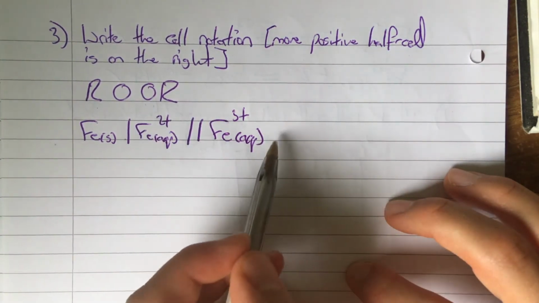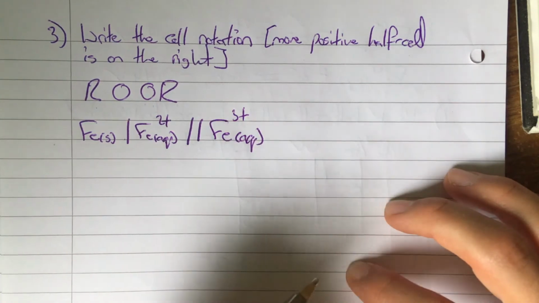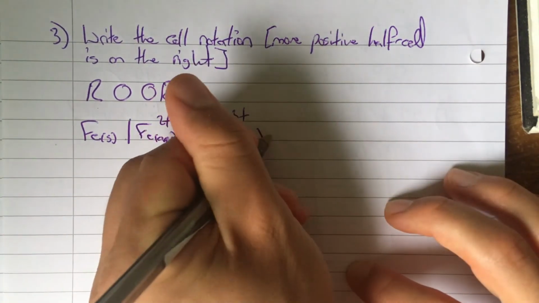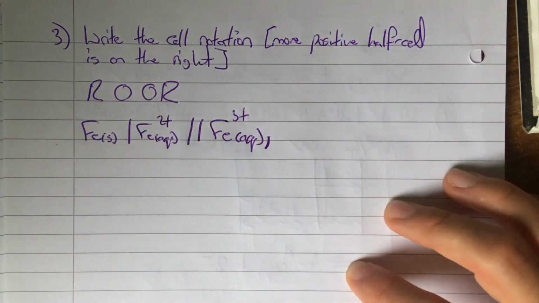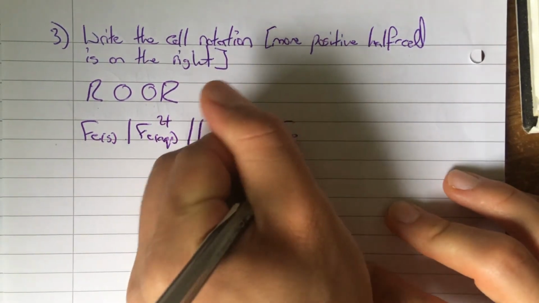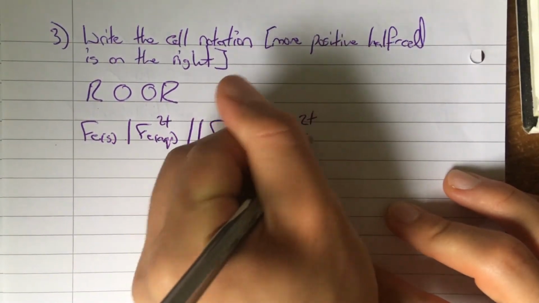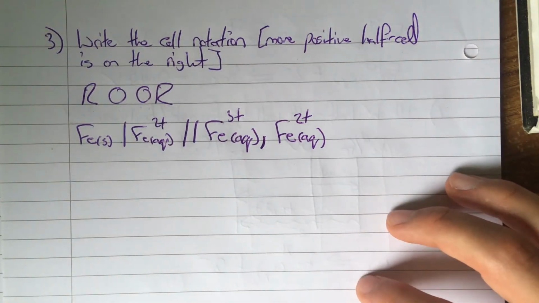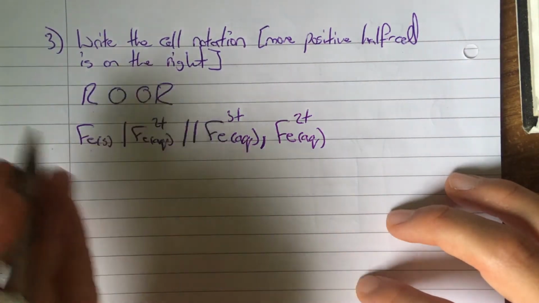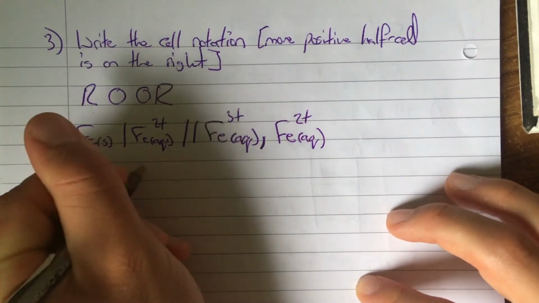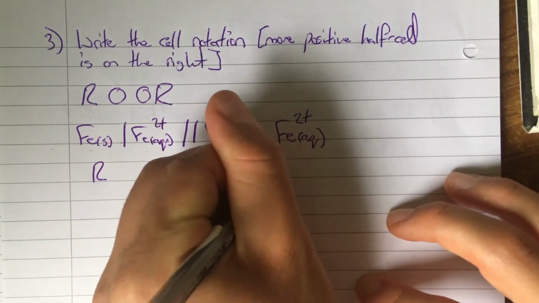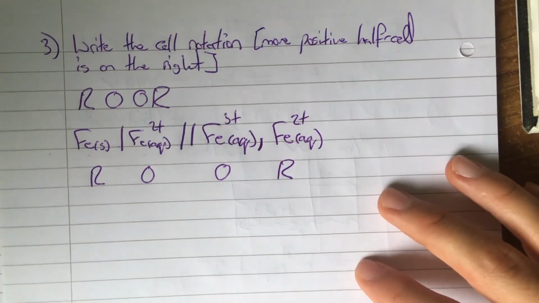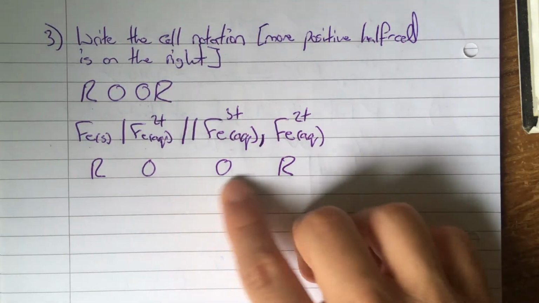There's no phase boundary here because iron 3+ and iron 2+ are in the same phase. So I'm going to draw a comma instead. I'm going to draw my iron 2+ aqueous. Okay, so I've now got my reduced, oxidized, oxidized, reduced species. And that is my cell notation for this.